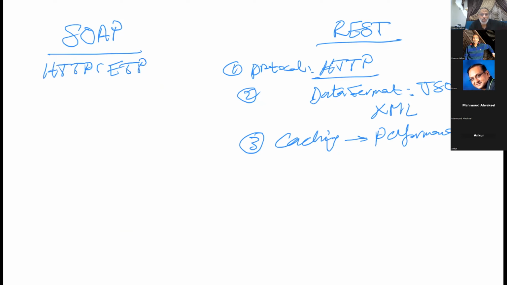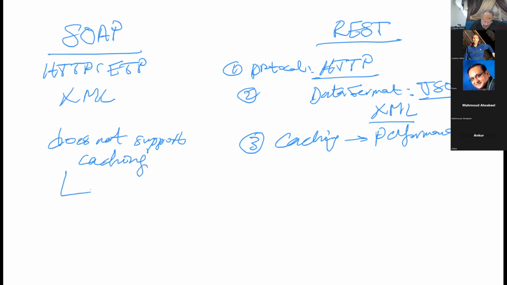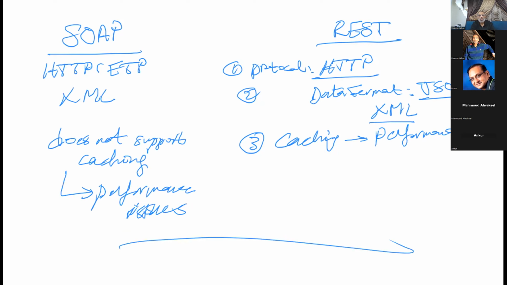The data format is XML only, whereas REST has XML and JSON. And SOAP does not support caching, so it has performance issues. These are the main differences between REST and SOAP.